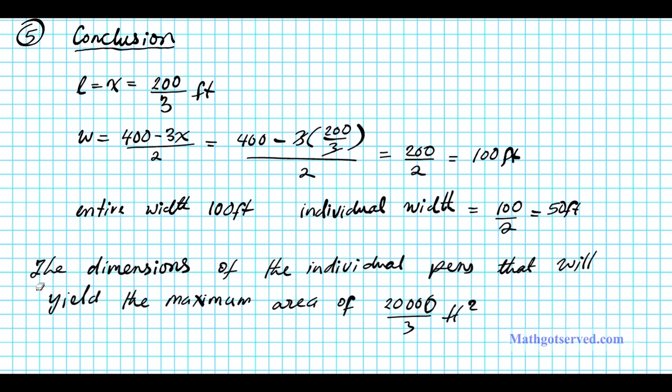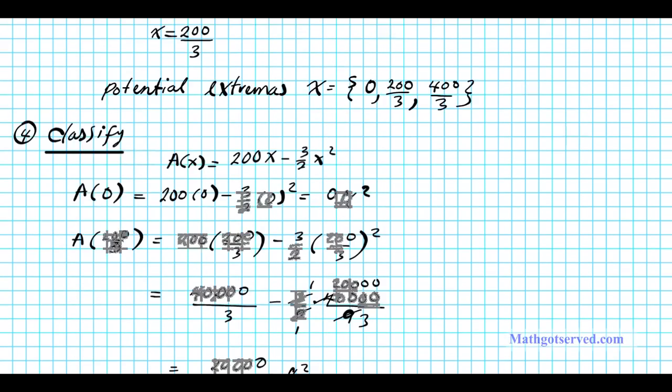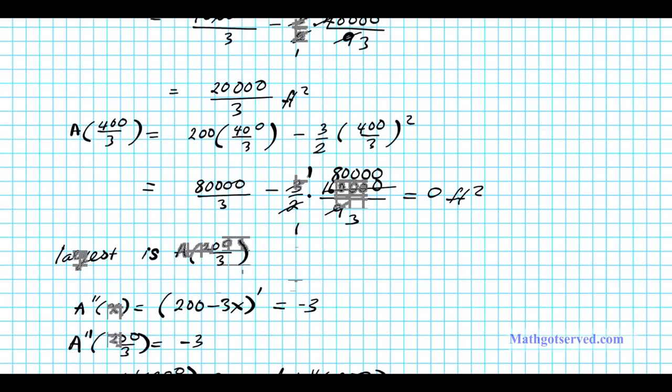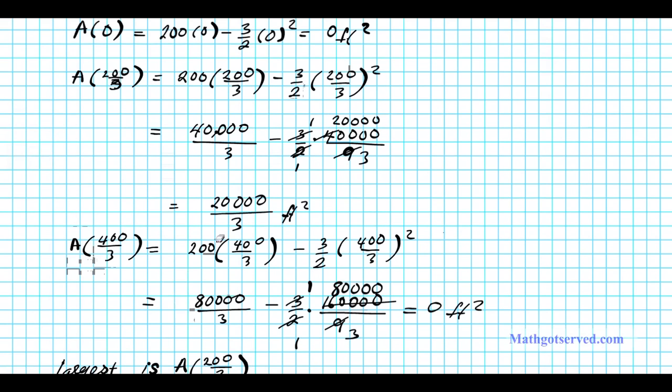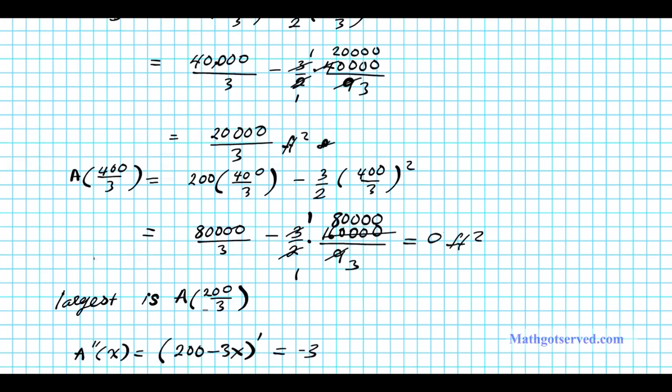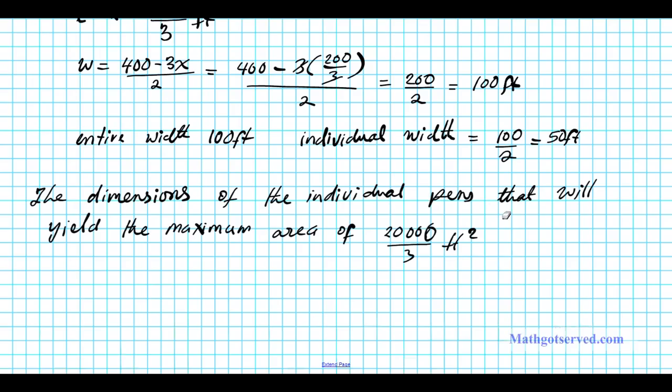We got that when we were doing our classification. Where was that? Right here. See this one? That's the maximum area. So the dimensions of the individual pen that will yield the maximum area of 20,000 over 3 feet squared is 200 over 3 feet for the length by 50 feet. Oh, sorry, I said 100 at first, but it's 50 feet by 50 feet. So that's the width of the individual pen. So that's that.